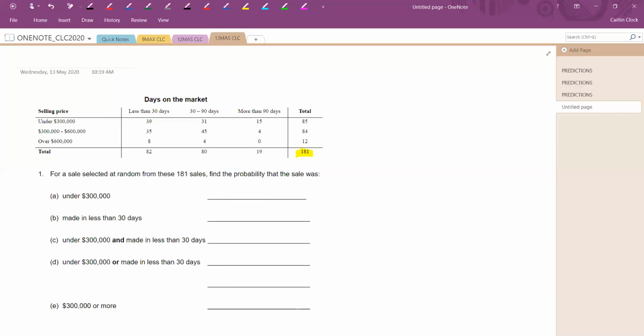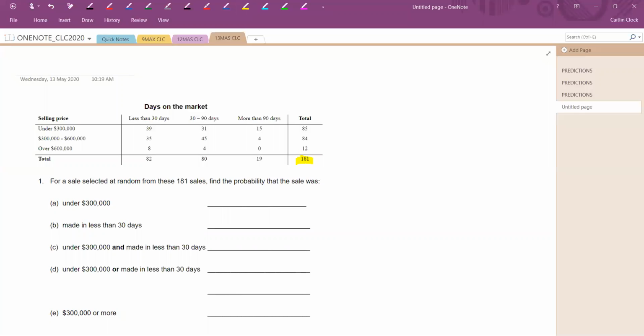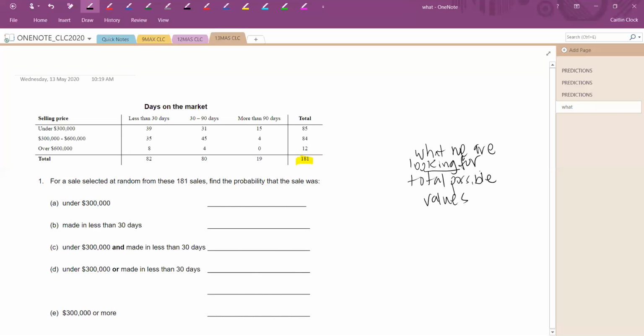Again, with probabilities, we want to find something, so what we're looking for out of the total possible values. The probability of whatever it is.